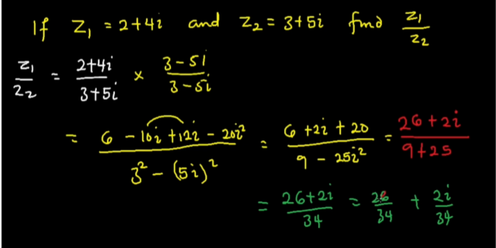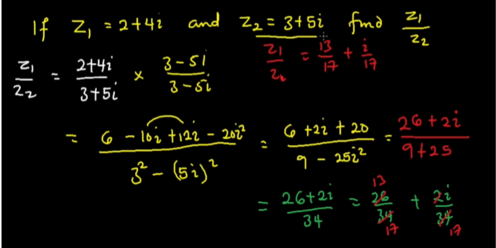Then you have here to be 13, here to be 17. Okay, you can still reduce this by 2. This will be 17. So my final answer for z1 over z2 will be equal to 13 over 17 for the real part plus i over 17. So this will be what we are expected to get.